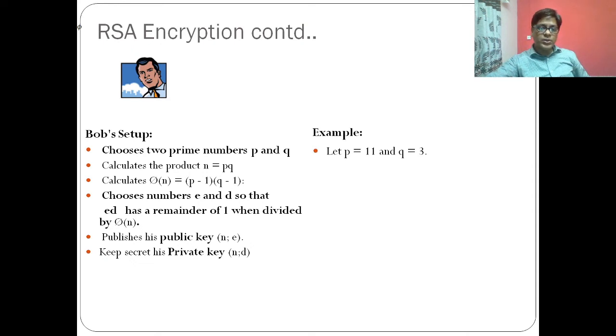Suppose he chooses the prime numbers P and Q as 11 and 3 respectively, then N is going to be 33, phi n is going to be 20.